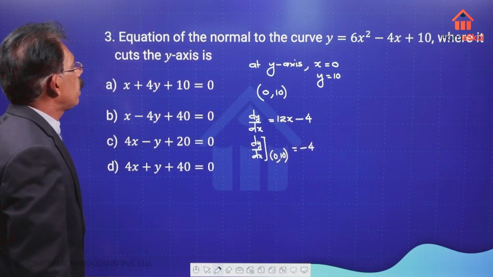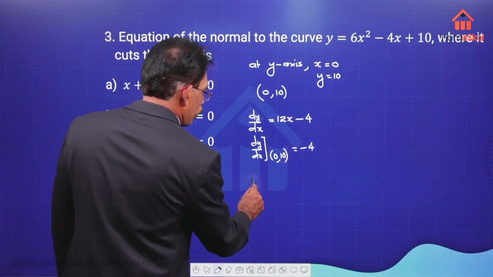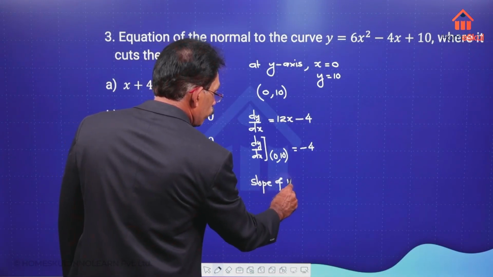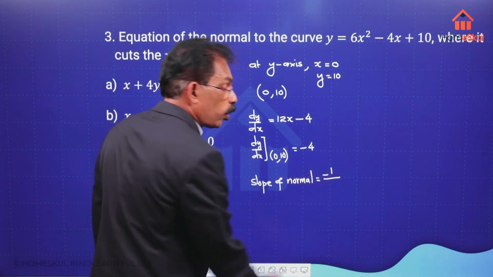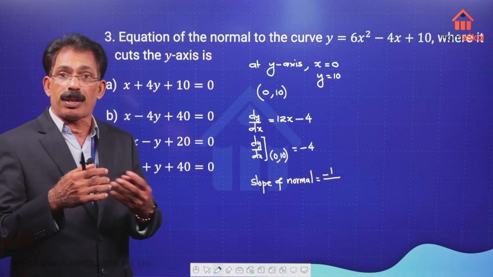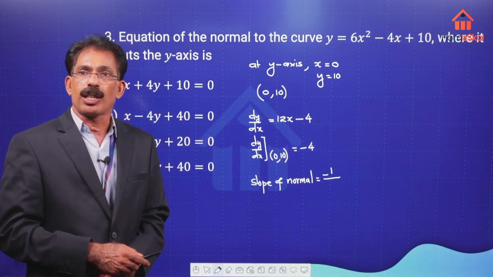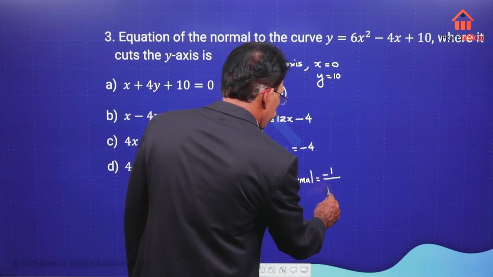Here we want the equation of the normal. The slope of the normal is equal to minus 1 by the slope of the tangent, because the tangent and normal are perpendicular. The product of the slope of the normal and the slope of the tangent is equal to minus 1.